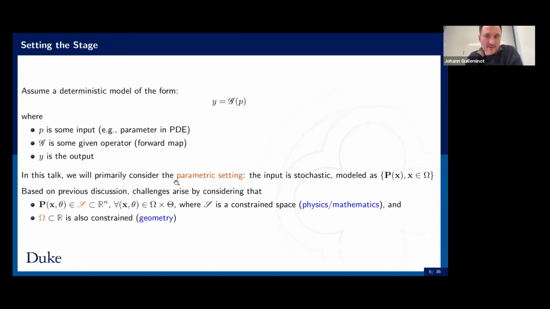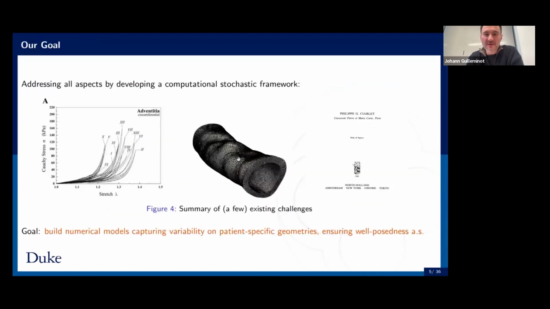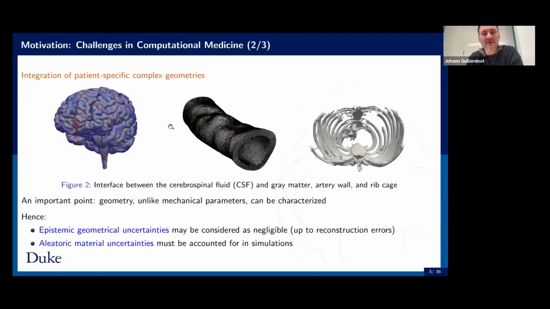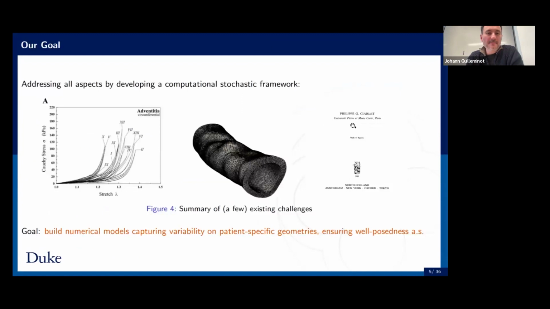Okay. So based on the picture that I've shown you, to make things a little bit more concrete, I'm going to model my input as a random field, P, which is vector valued, indexed by omega. Omega is the domain over which I'm trying to simulate, so the brain interface, the artery wall or the ribcage.